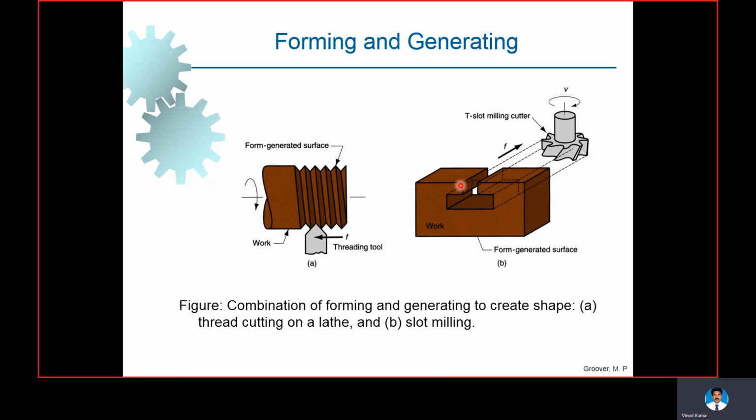In slot cutting also, we produce a shape by controlling the feed as well as the shape of the tool. You could see here in a threading tool, the tool has a shape similar to the shape of the thread, and the feed is also controlled. So both the feed as well as the shape of the tool affect the process. Such a process is a combination of both controlling feed and shape of the tool.